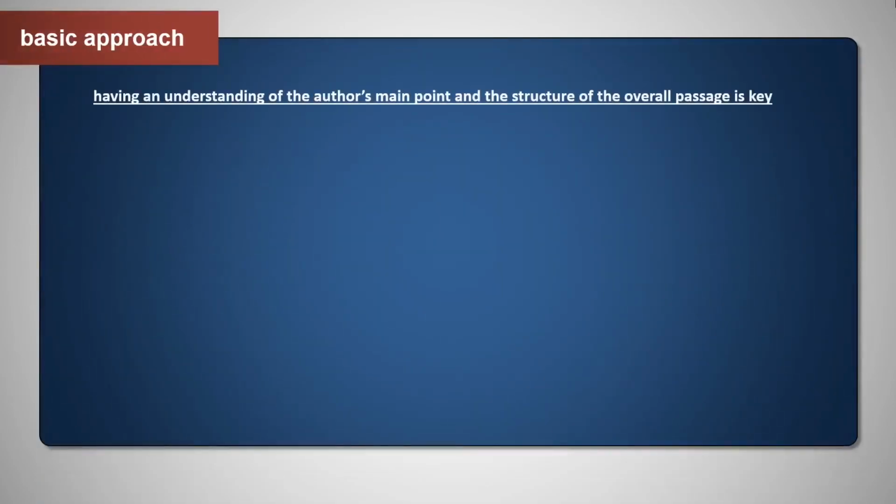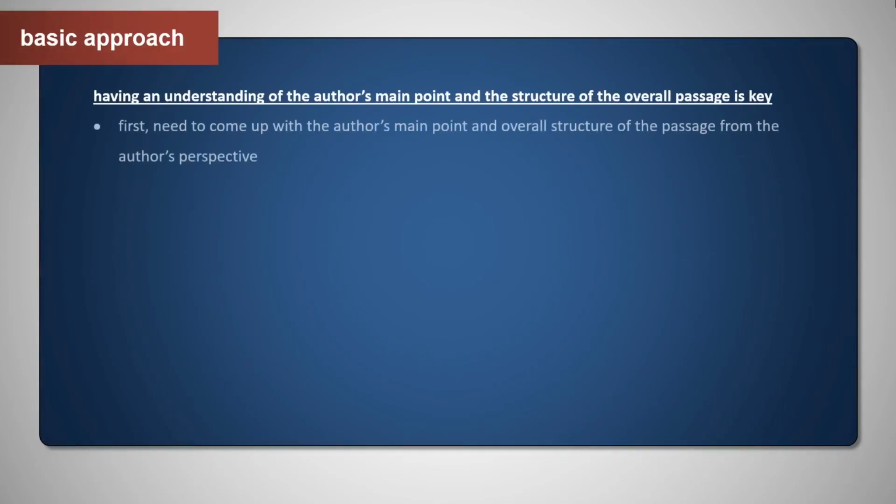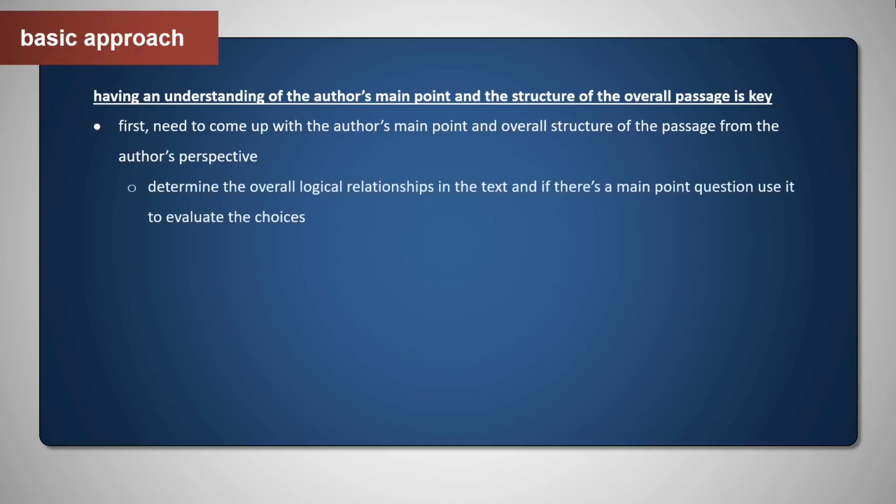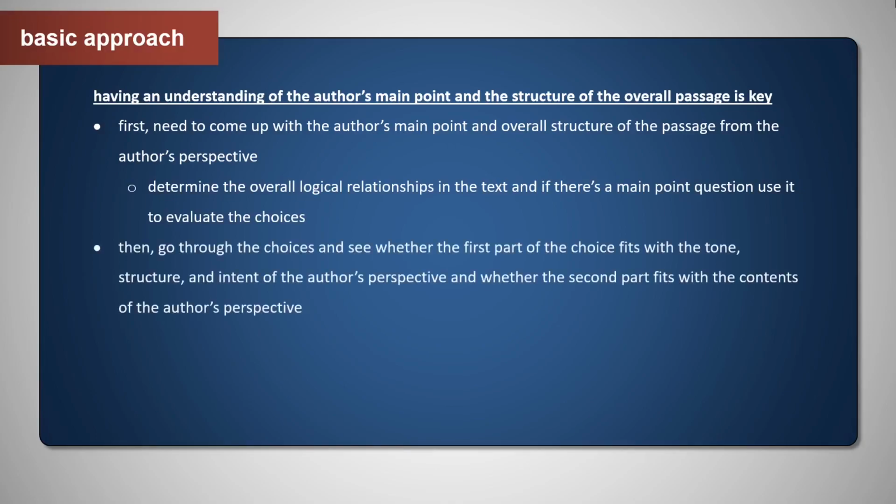In terms of the basic approach, having an understanding of the author's main point and the structure of the overall passage is going to be key. So first you need to come up with the author's main point and the overall structure of the passage from the author's perspective. So determine the overall logical relationships in the text, and if there's a main point question, use it to evaluate the choices.